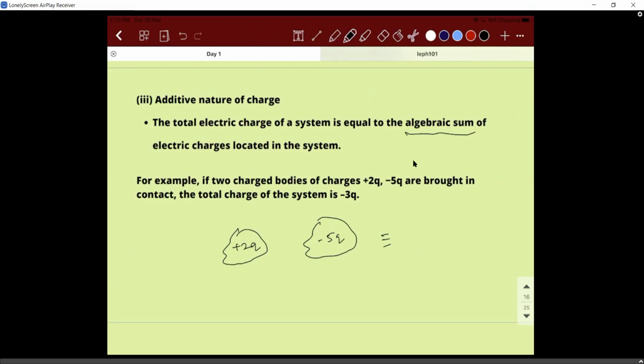The first material is charged, the second material is also charged. Let's say you bring them in contact through friction, and you're rubbing it, so there will be a transfer of charge. Once you rub them, if you take this material away, let me call this 1 and this 2. If I take the first material away, let me say the charge here now is plus 4q. Then what would be the charge that is present here?